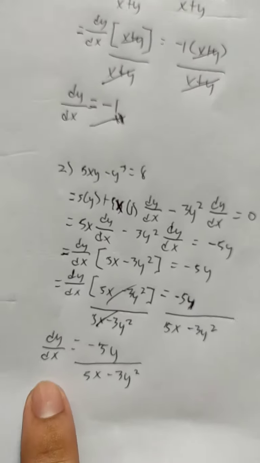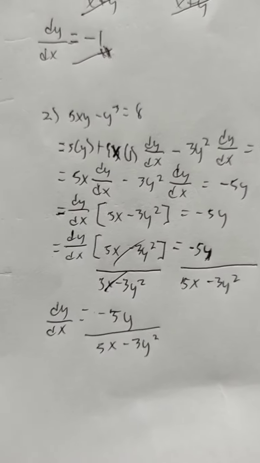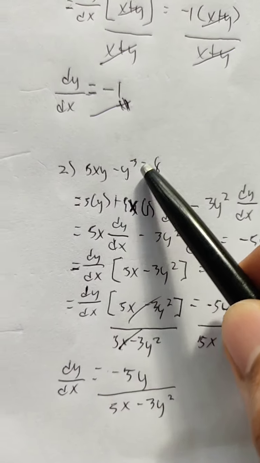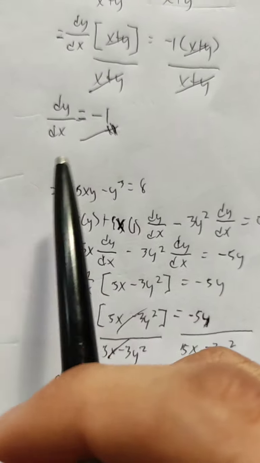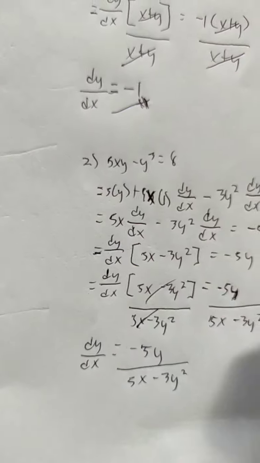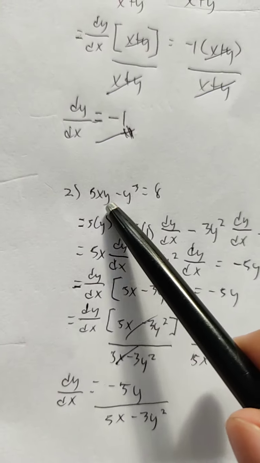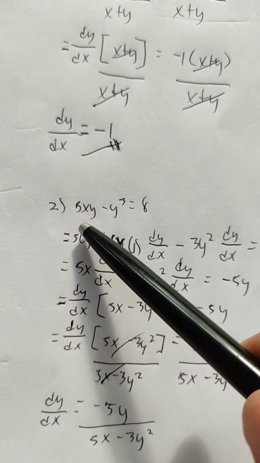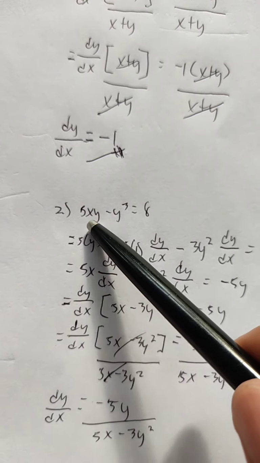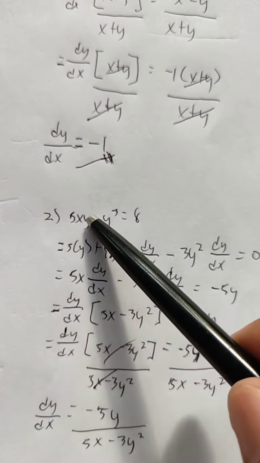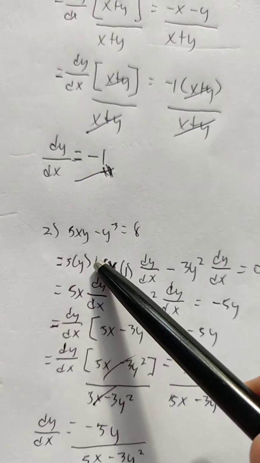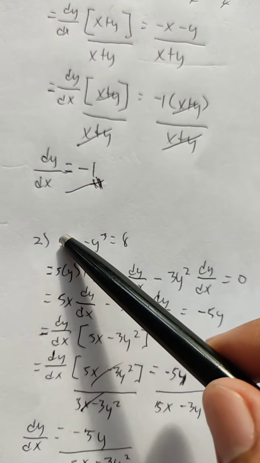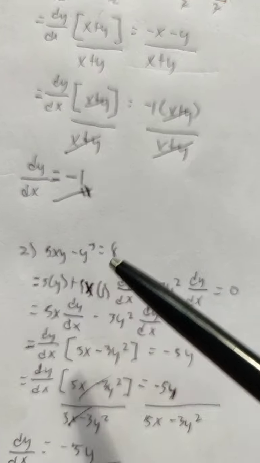For example number 2 in implicit differentiation, we are given 5xy minus y cubed equals 8. As I've said, we can use the product rule every time we see this type of term. So we first need to get the derivative of 5x, which would be 5 times y, we just copy the y, plus we copy the first term, which is 5x, and the derivative of y would be 1.